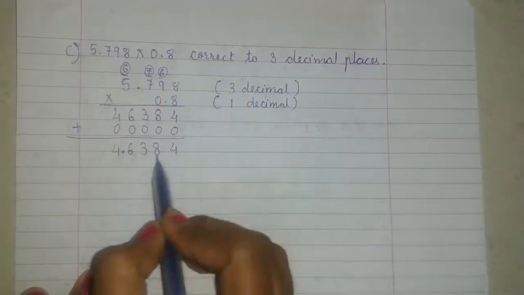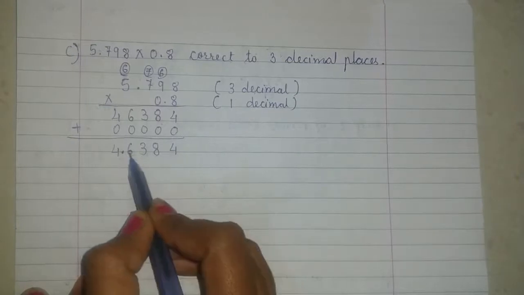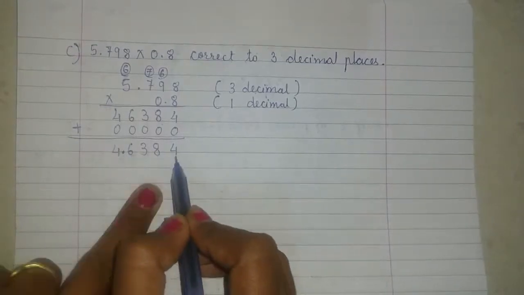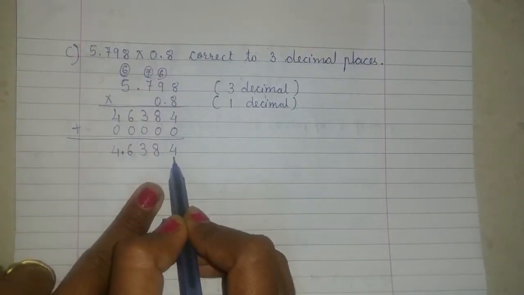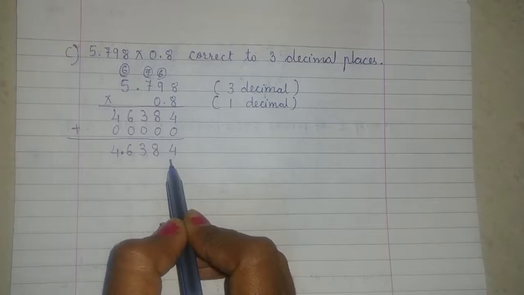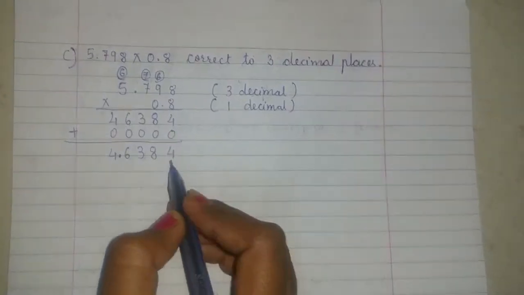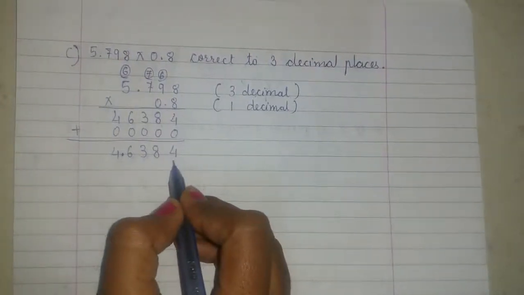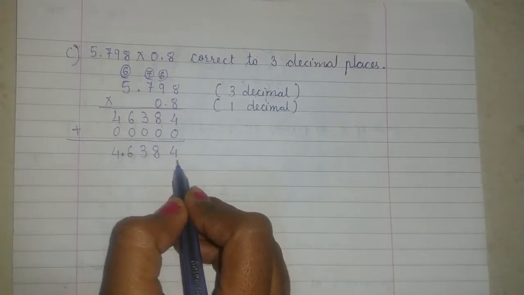Now we want to correct to 3 decimal places. So we'll see fourth number. Okay, 1, 2, 3 and fourth number. So here we have which number? Yes, we have 4. So we'll compare this number with number 5. So 4 is greater than 5 or less than 5?